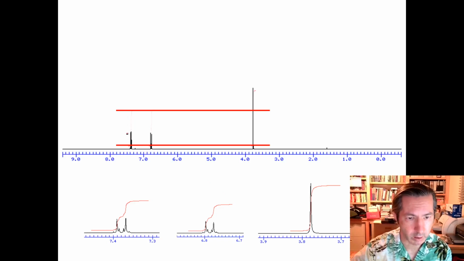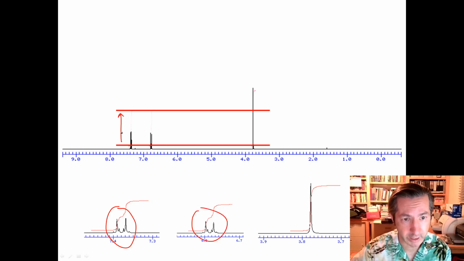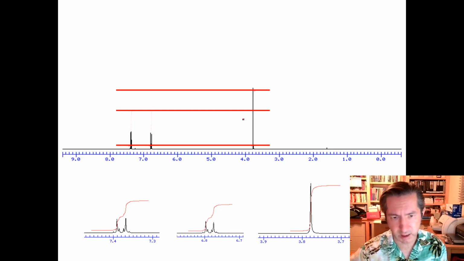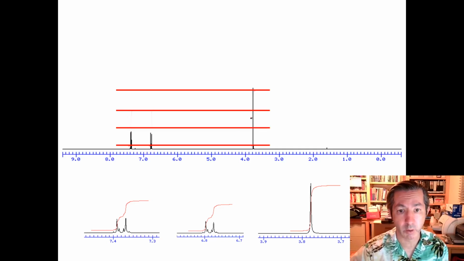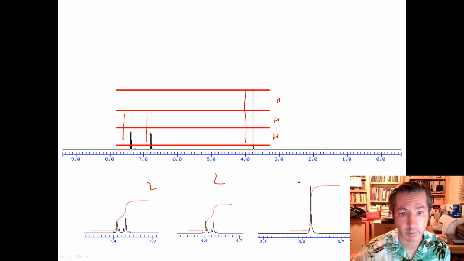So our 2 doublets over here are actually integrating that high. And then we have the singlet over here. It's a little bit higher, but notice the spacing is different. So I'm going to throw in another part of our ruler. And what we end up with is a 2 to 2 to 3 ratio.